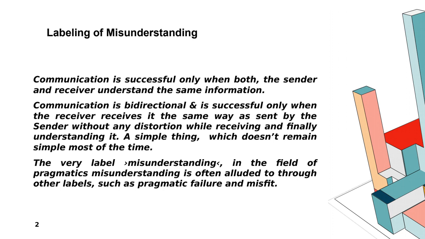Now you might have a logical question: how do I know that the other person understands the information I send? What is my guarantee? Unfortunately, I would say that 30% of misunderstanding cases, cultural misunderstanding cases, of course, arise because we assume that the message we give and the message that is received are interpreted in the same way.